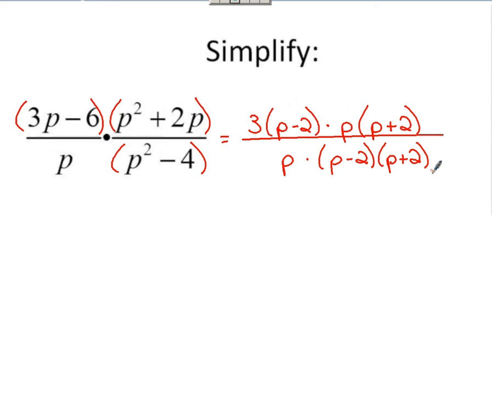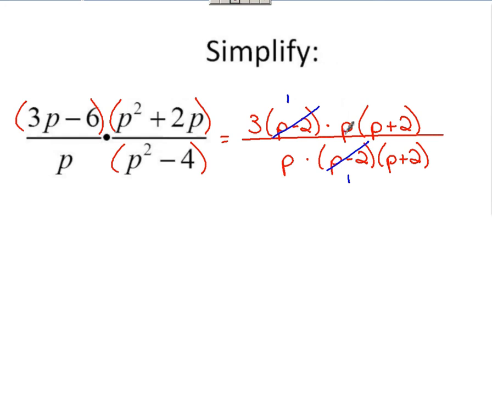Now that we've factored everything out, we can start comparing common pieces between numerator and denominator. Any common pieces we see, we can divide out. So I see a p minus 2 and a p minus 2 as quantities. I can divide those out, and as I divide them out, I understand a 1 maintains those positions.